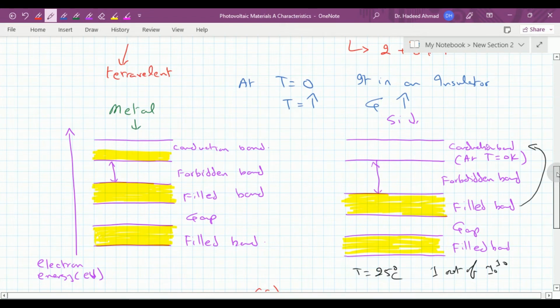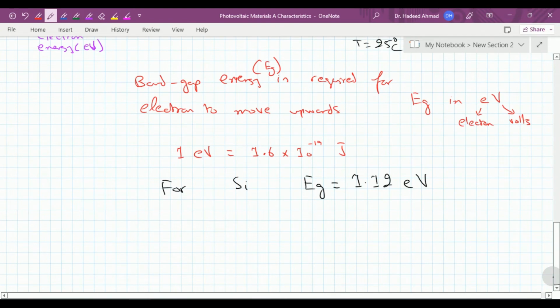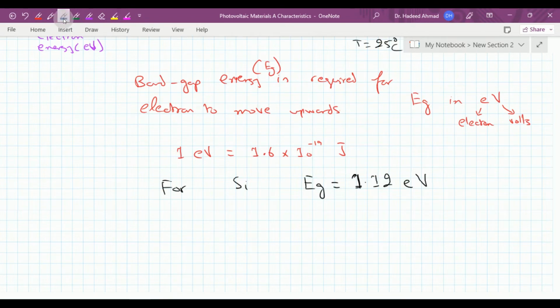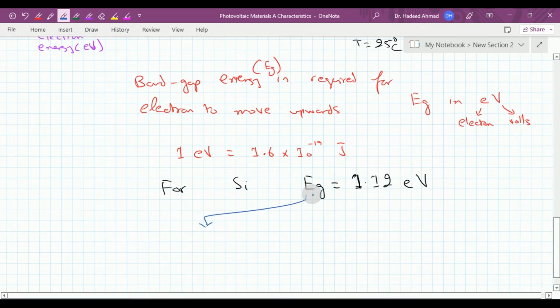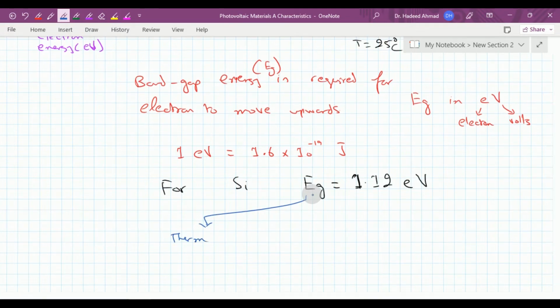Now the question is, from where will the electron be able to get this much threshold energy, 1.12? There could be two important sources of this band gap energy for silicon. One is that we can get it from thermal excitation.